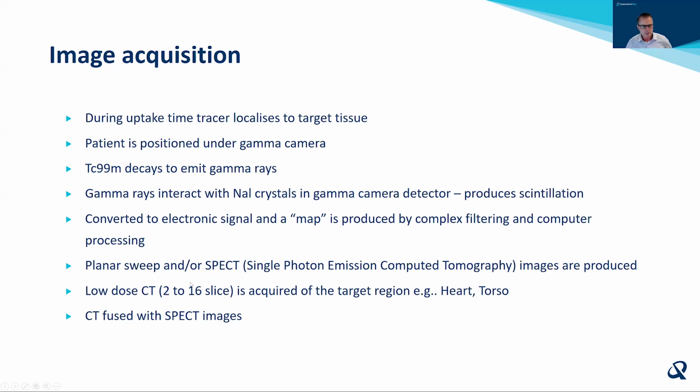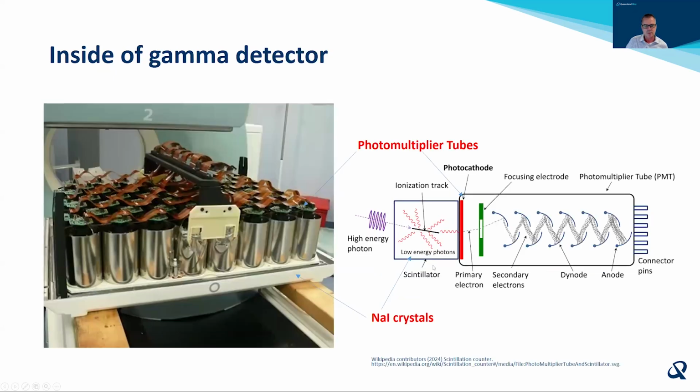We usually do a planar sweep and/or SPECT. SPECT is single photon emission computed tomography, and the images are produced. As I mentioned, all our cameras have low-dose CT, which is acquired at the target region, for example the heart or the torso. The CT is fused with the SPECT images to produce the pretty pictures.